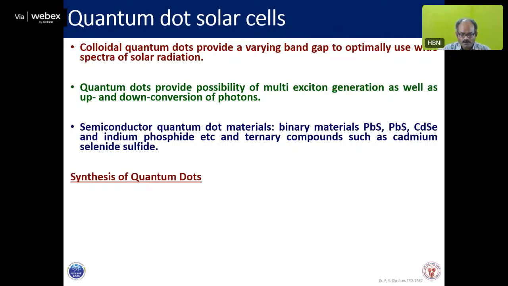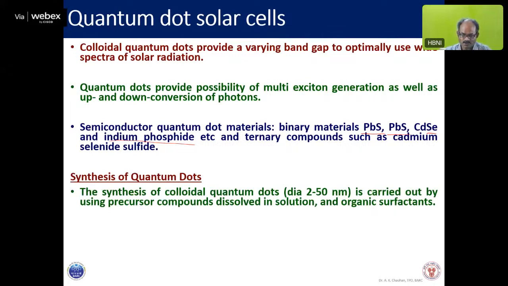You can make semiconductor quantum dot materials from plenty of materials, thousands of materials, but these are the common ones people research, because they give good results: lead sulfide, CdS, indium phosphide, and some ternary compounds.